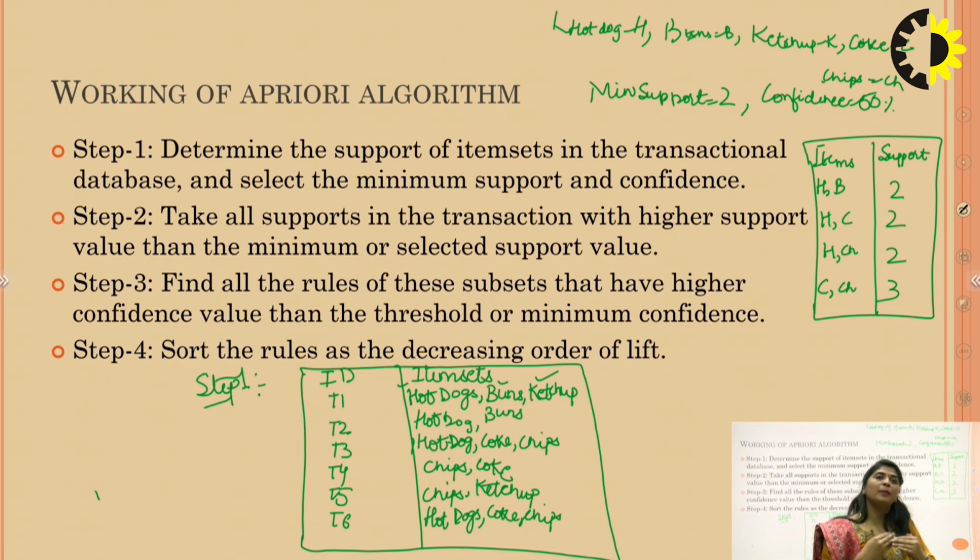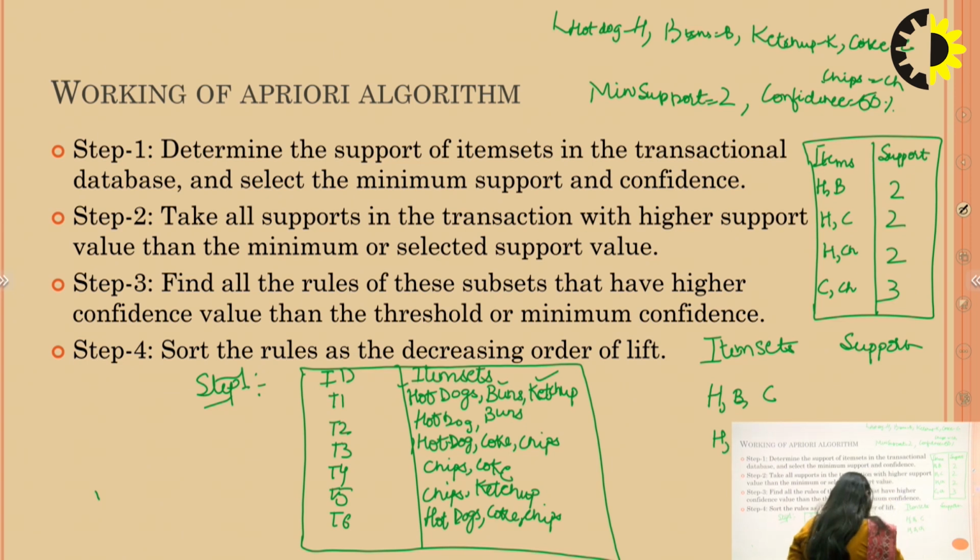Now we will form the pair of 3. Now using this table, only these values will be considered for forming the pairs. So here we can take hot dog, buns and Coke together. So we can write it like this: hot dog, bun, Coke, hot dog, bun, chips.